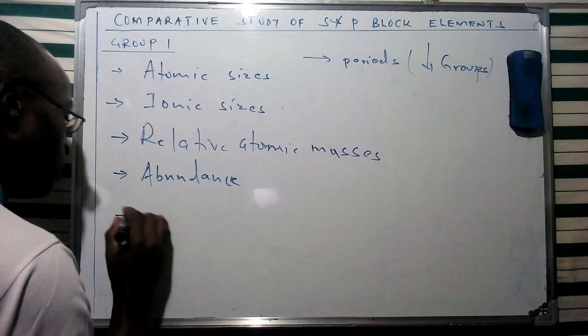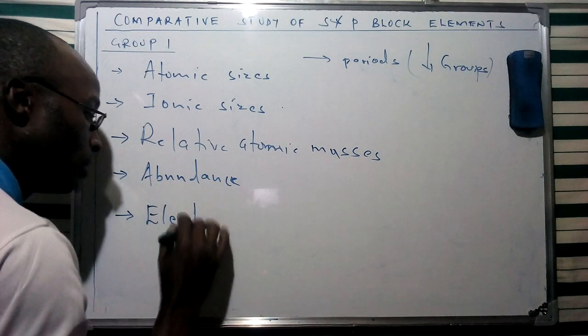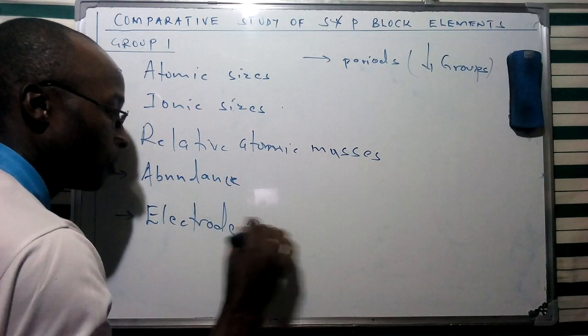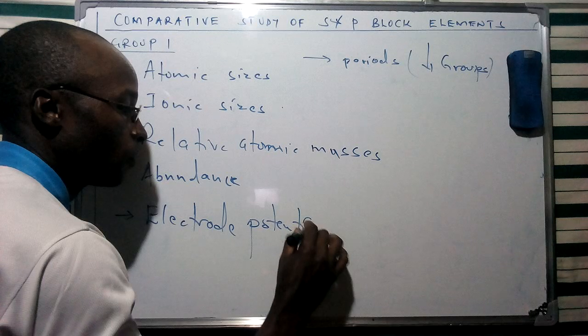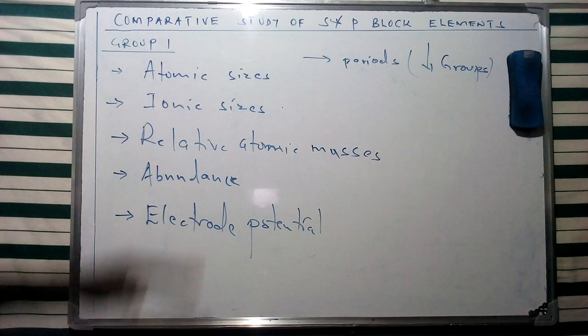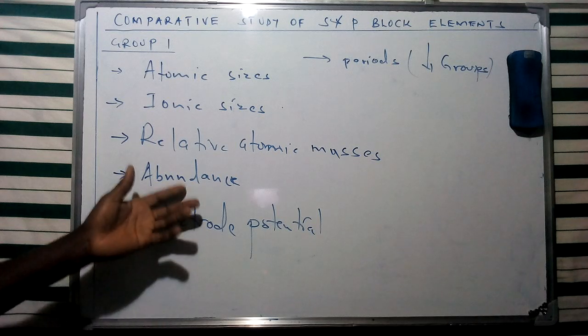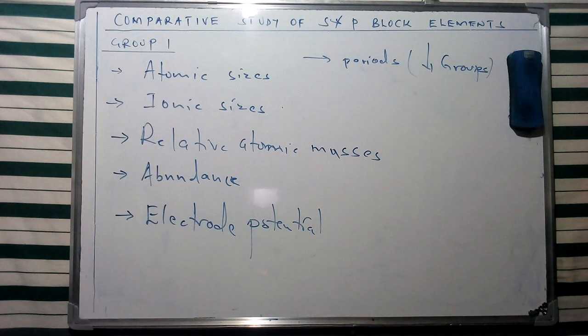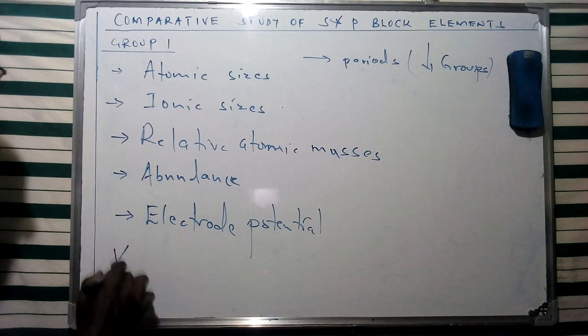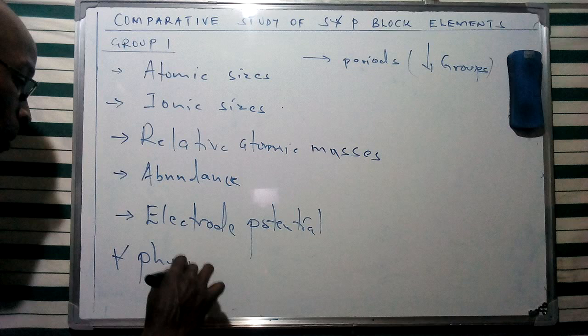And we shall as well look at their electrode potential. This is going to assist us in analyzing the various trends of these elements in terms of the particulars mentioned on the board. And then I've said that we shall look at their physical properties.